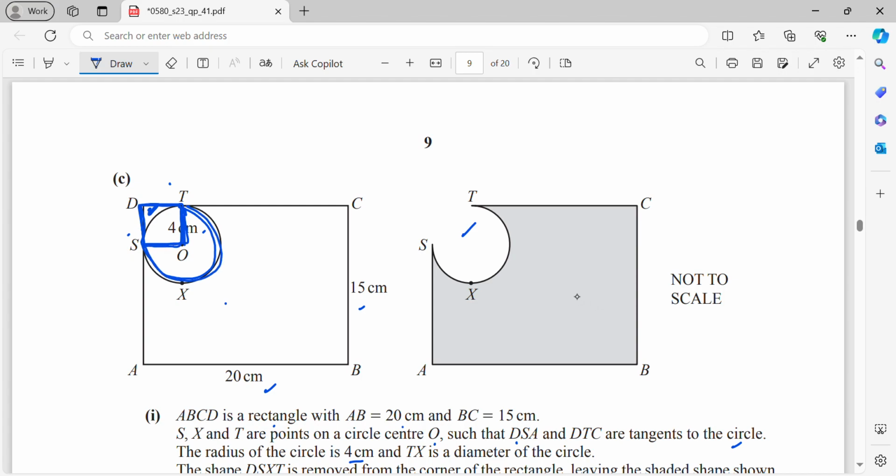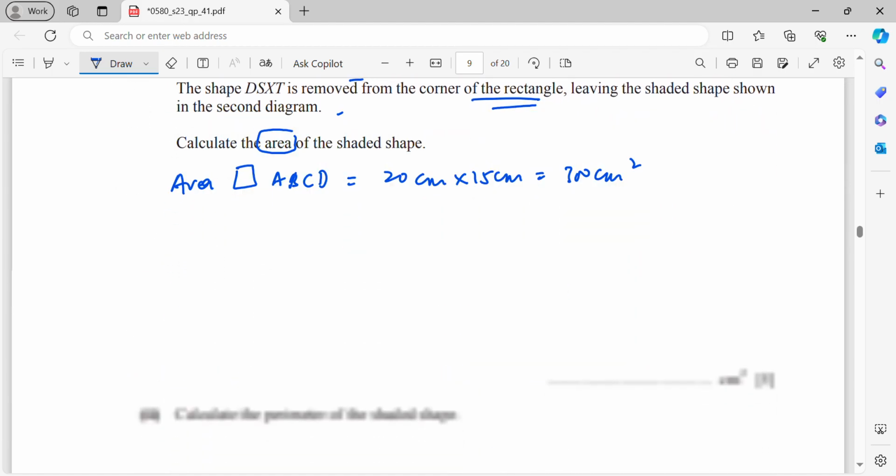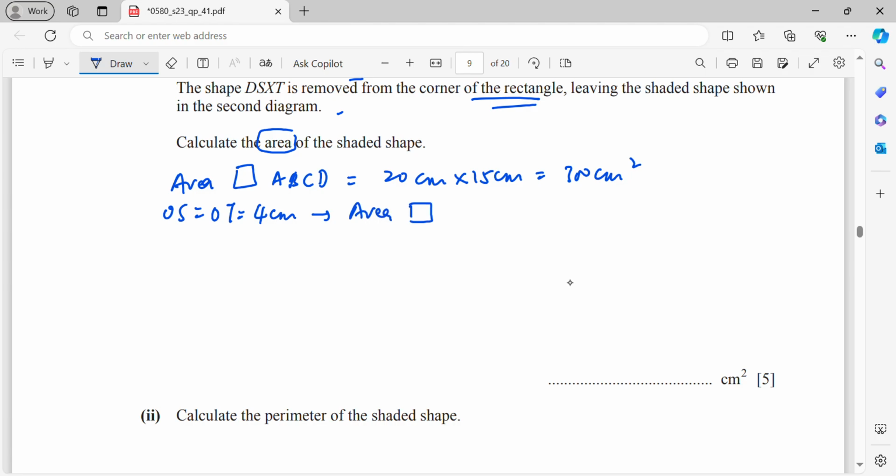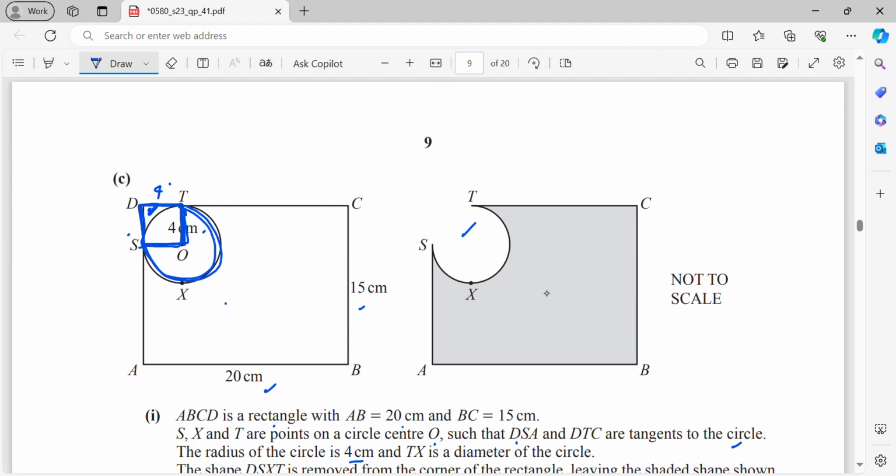Since OT is 4, that means DT is also 4, because OS and OT are radii. So OS equals OT equals 4. So the area of rectangle DSOT will be 4 centimeters times 4 centimeters, which is 16 centimeters squared. After that, I need to remove this sector.